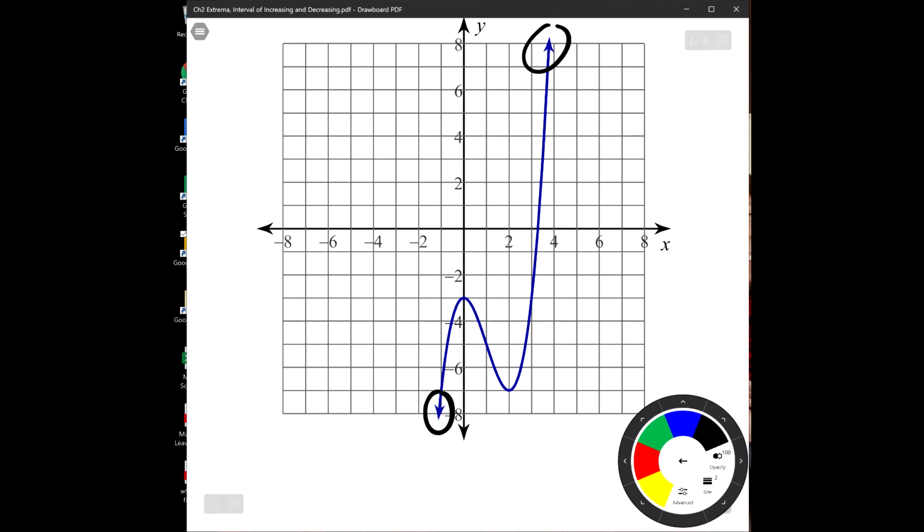However, within this interval, I will see my highest point is 0, -3. So that will become my relative max.